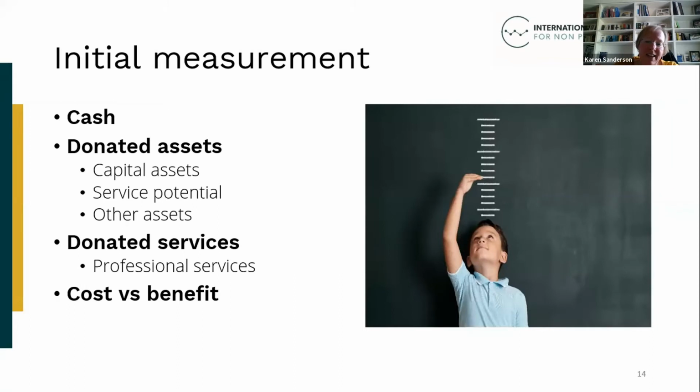And if that is the case, it might be argued that social housing that's provided is measured to reflect its value as commercial development land. But this might not appropriately reflect the social nature of the NPO's objectives or the service potential that it might obtain from the asset. So there are different things driving the decisions here.